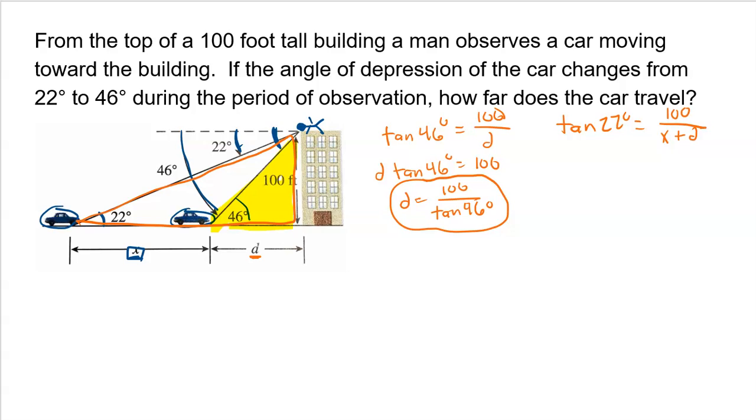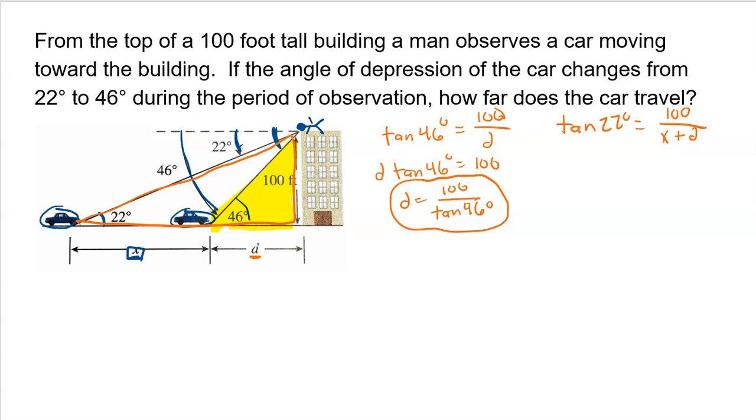Because x is not involved in a right triangle. So I can't directly find x because x, the distance the car travels, is not directly involved in any right triangle. So I'm using d to help me see the right triangle because x plus d is the base of the big right triangle. So that's how I can kind of put all this together. And 100 is the shared side. 100 is the only side that's shared between these two triangles.